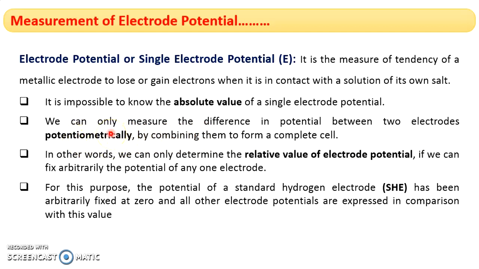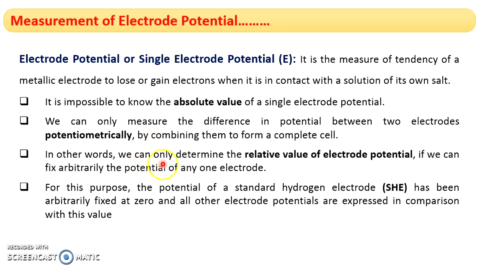So if you want to find out the electrode potential of an electrode, that sample electrode must be connected to another electrode, called a reference electrode. By finding out the potential difference between the two connected electrodes, we can find out the electrode potential of the sample electrode.